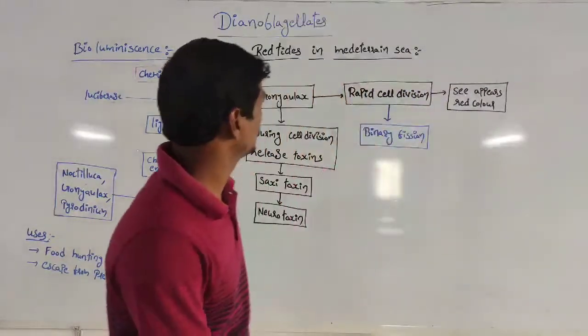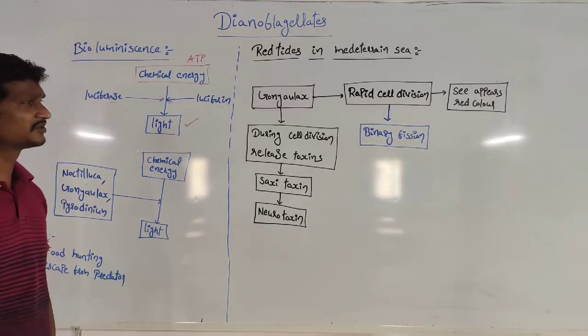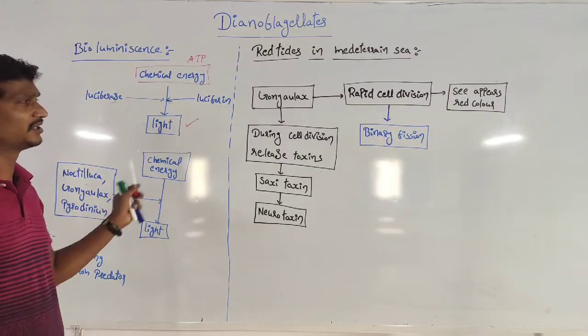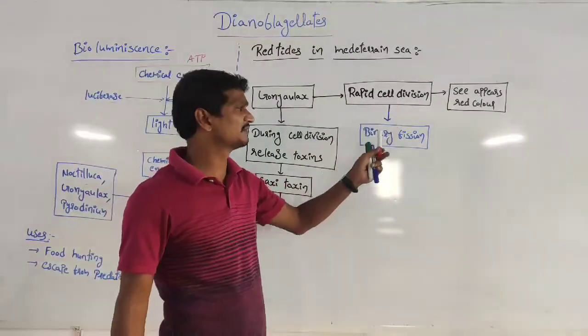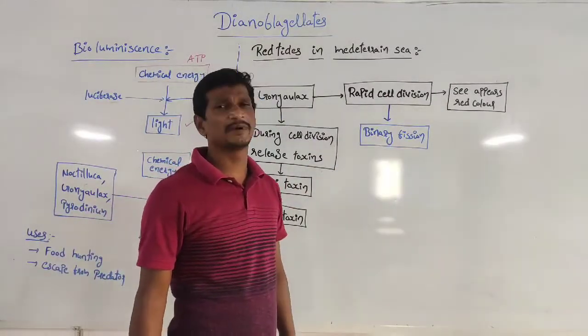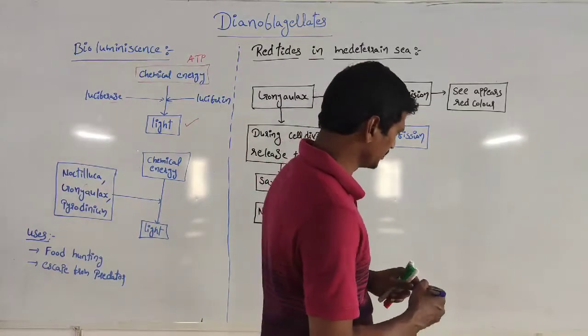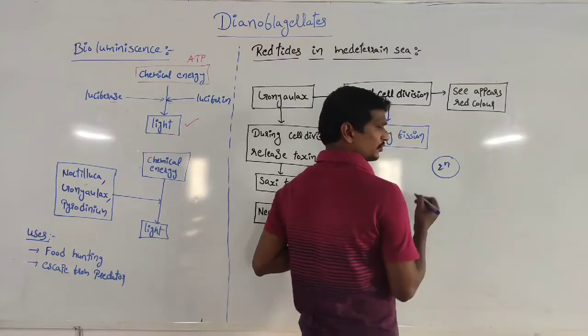Coming to the next one, the red tides in the Mediterranean Sea. We discussed already the Gonyaulax, that is the organism. The Gonyaulax organism is involved in rapid cell division. The cell division is done by binary fission. Binary fission means we know the formula 2 to the power of n.